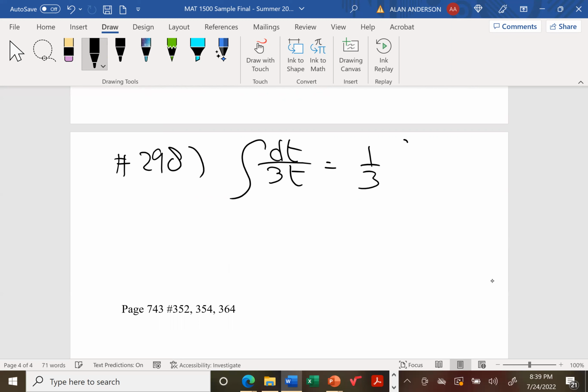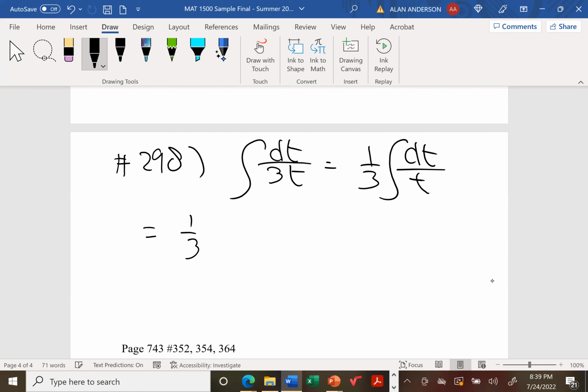So let's write it like this. And oh, wait a minute, guess what we have right here? That's that special case. It's the exception to the power rule. Yeah, it's just the 1/3, we bring it outside, and then we have the natural log of the absolute value of t, and we're done.